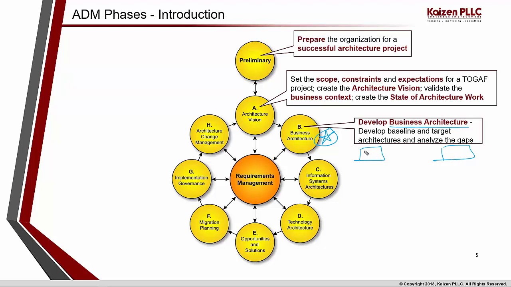This is the baseline, this is the target, and then you also look at the gaps by performing the gap analysis, and identify candidate roadmap components required to fulfill the gaps. You perform the as-is analysis, the to-be analysis, and identify the gaps as well as the roadmap components.